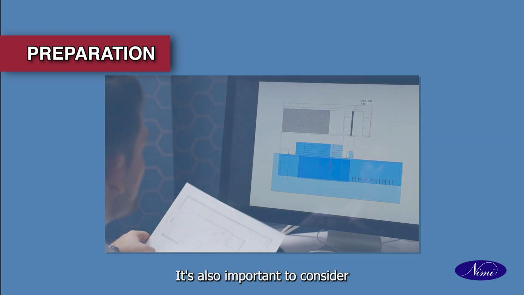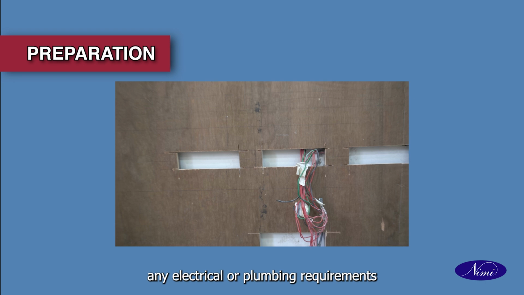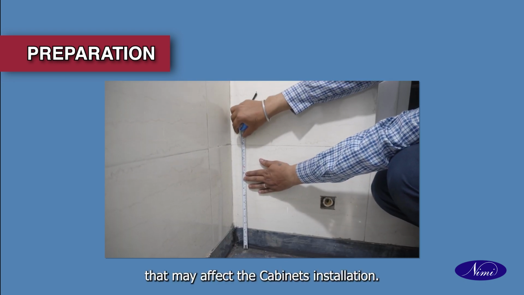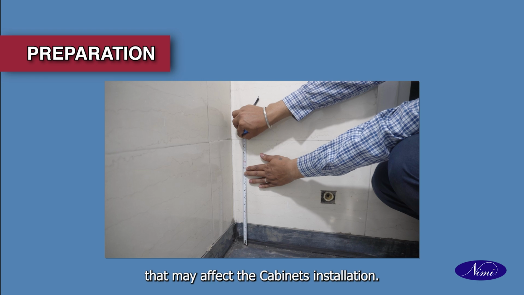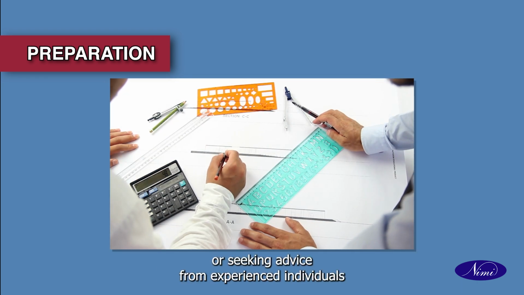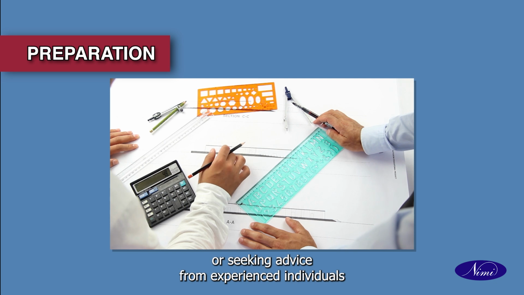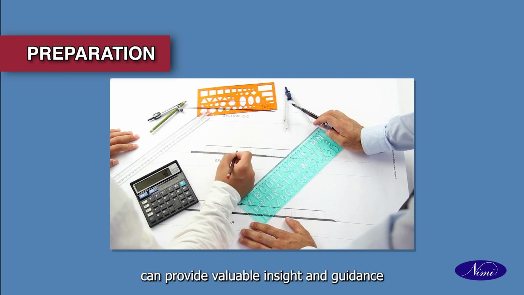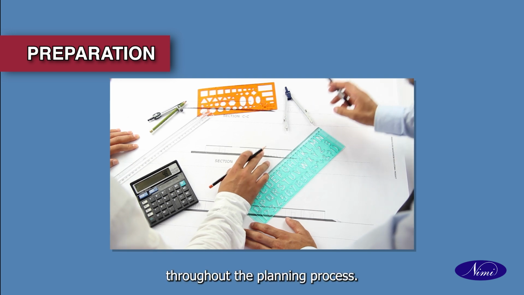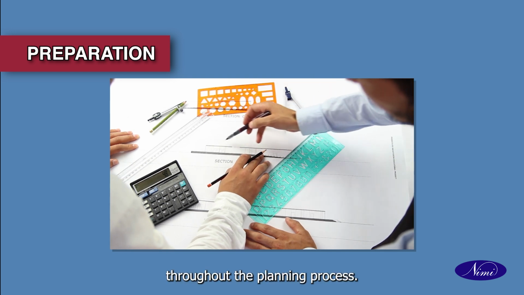It's also important to consider any electrical or plumbing requirements that may affect the cabinet's installation. Lastly, consulting with professionals or seeking advice from experienced individuals can provide valuable insights and guidance throughout the planning process.